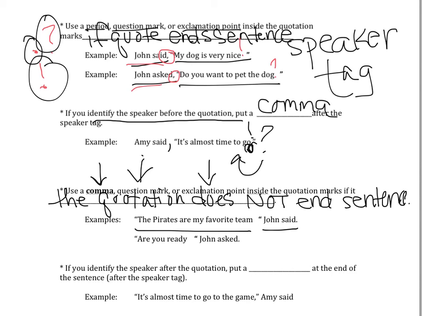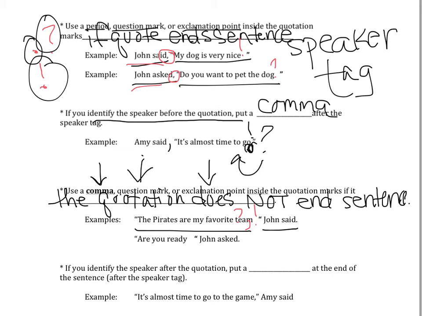So for example, "The Pirates are my favorite team," John said. My choices now here are still exclamation point inside the quotes, but no longer can I put a period there. My other choice would be a comma there, or if it had been a question mark there. "Are you ready?" John asked.